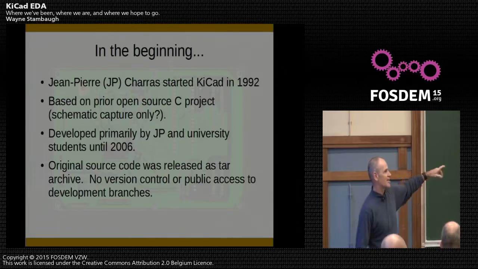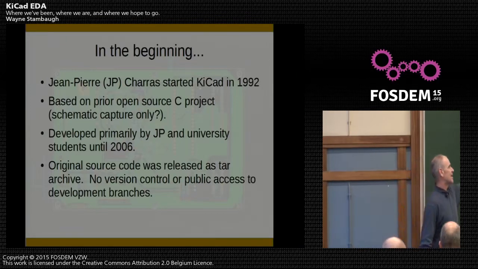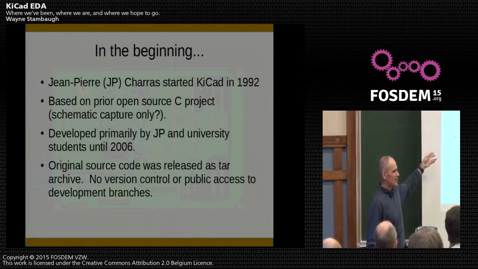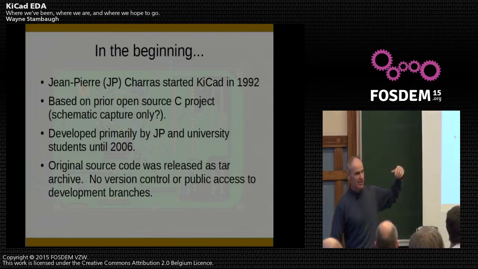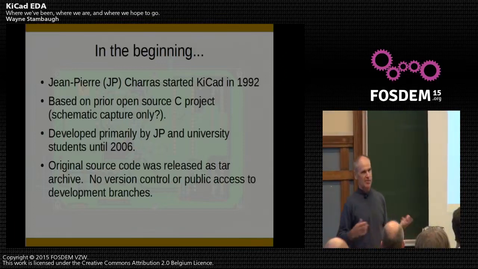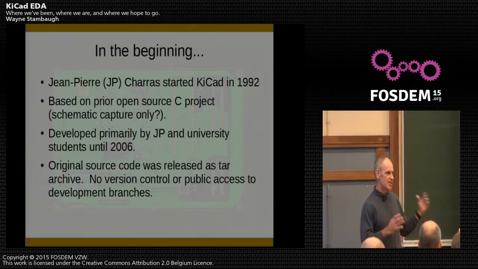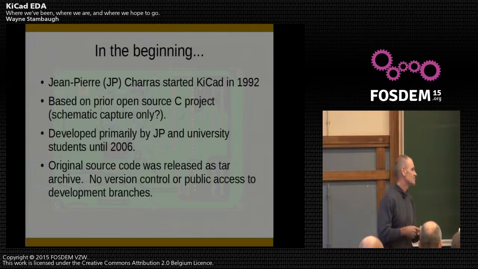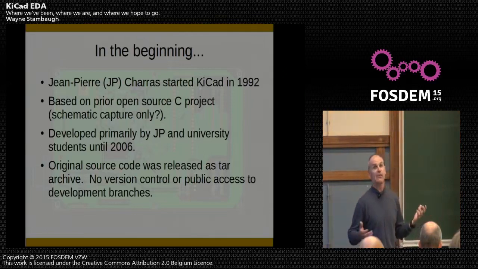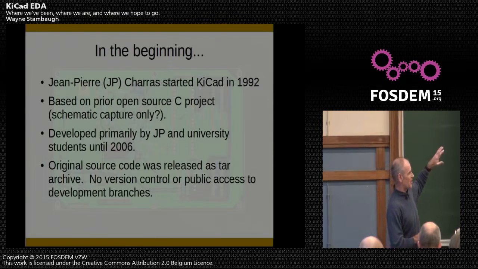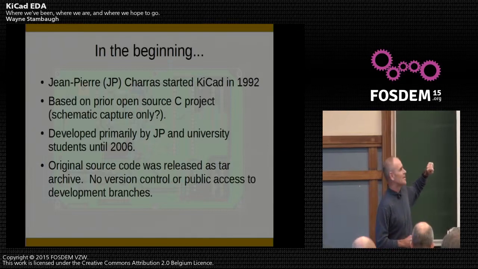When I joined the project, if you wanted to build Kicad, you had to download the tar archive. There were some hand-rolled makefiles, but there was no version control, no public access to collaborate. There was no mailing list, none of the things that we take for granted now in the project, okay? And that's pretty much how it went for a long time.